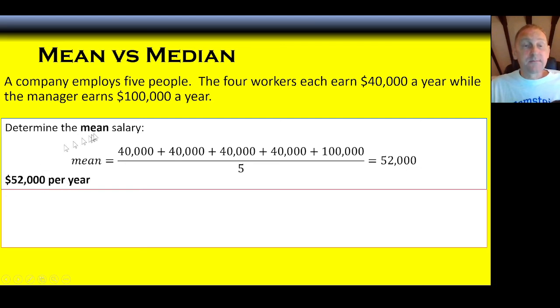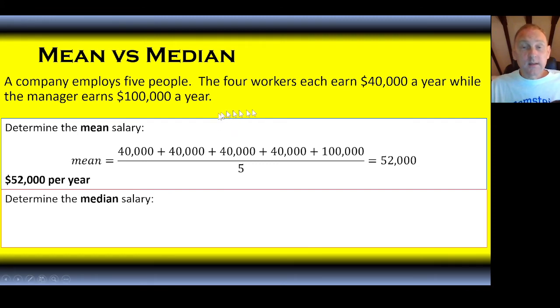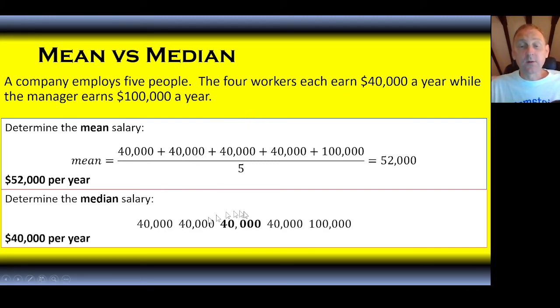So the mean of this payroll is $52,000 per year. If we take a look at the median, again it's the middle number. I'm going to take these numbers and put them in order. And then the middle number is the median. So the median is $40,000 per year, and the mean is $52,000 a year.